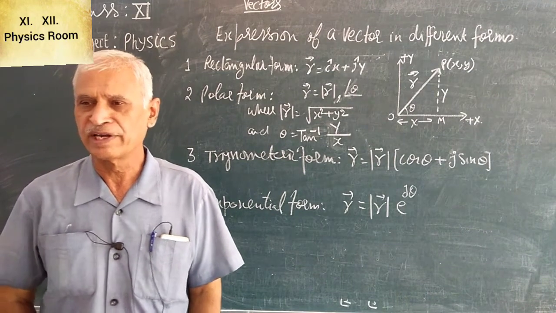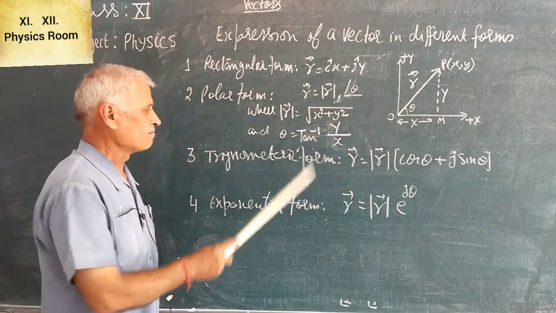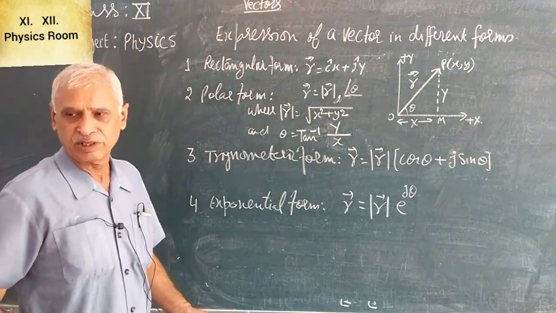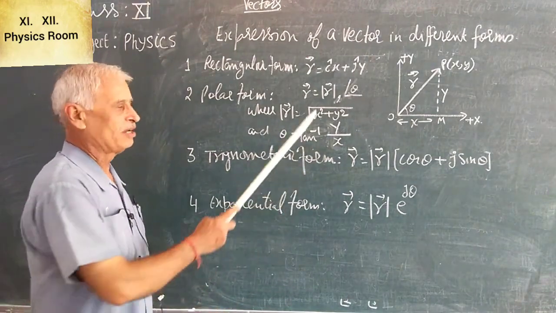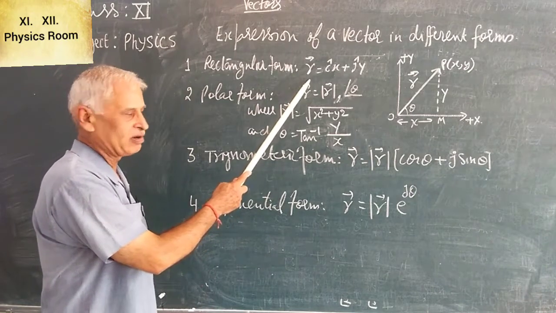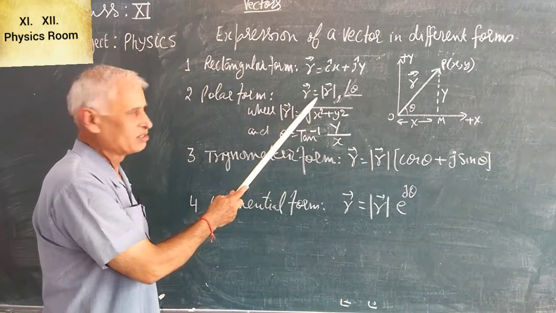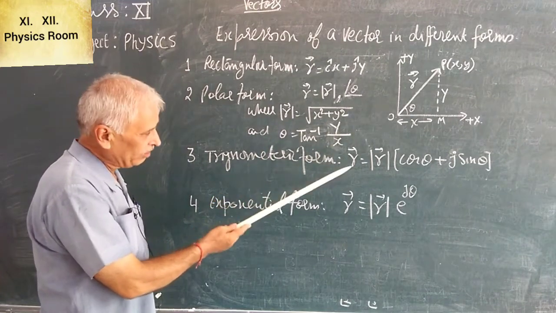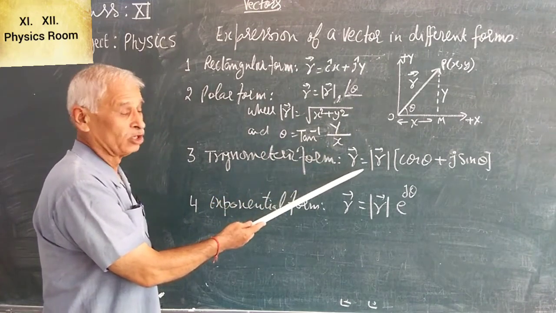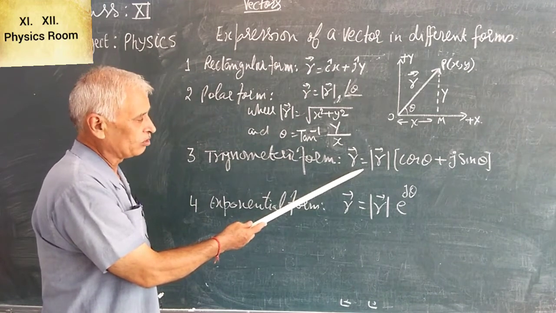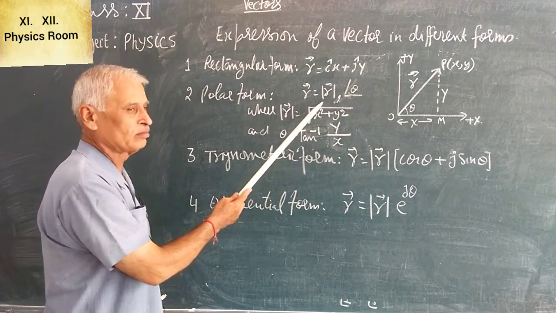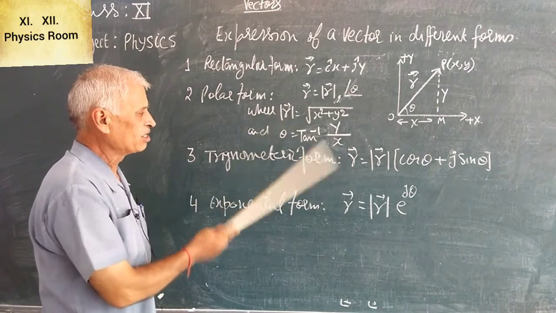Now we will be requiring these expressions in 12th class in AC theory, where we sometimes have a vector in rectangular form and we have to replace it by polar form, and sometimes we have a vector in trigonometric form and we have to express it again in polar form. So how can we interchange all these?